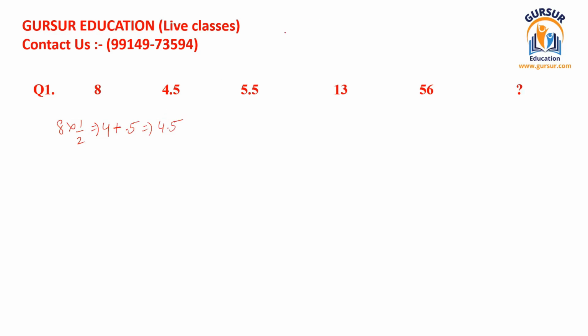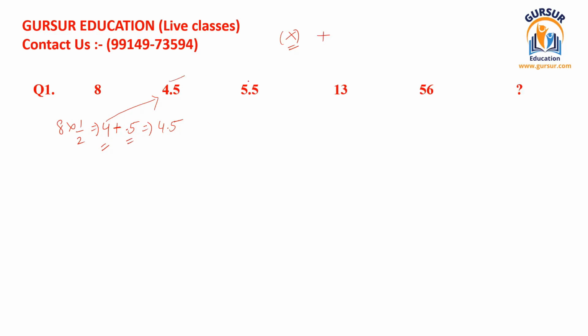So this is called the mixed method, in which first of all you apply some mathematical operator. In this specific case, we have applied multiplication. After multiplication, we got to know that the answer 4 was not equal to 4.5. So that's why we applied another mathematical operator as well, and that was plus. So when we add 0.5 to 4, we get 4.5.